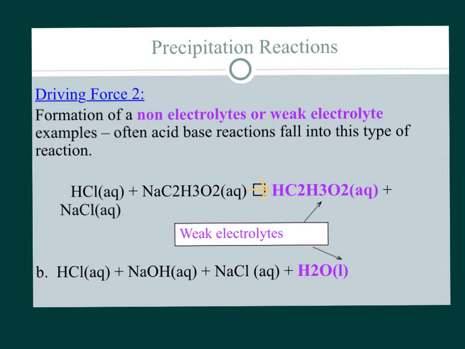So we have HCl and sodium acetate, and they're going to combine and form NaCl and acetic acid. So acetic acid is a very weak electrolyte. As I already told you, it's vinegar. In the bottom one, we've got a strong acid and a strong base combined to form salt and water. So here's your formation of water.